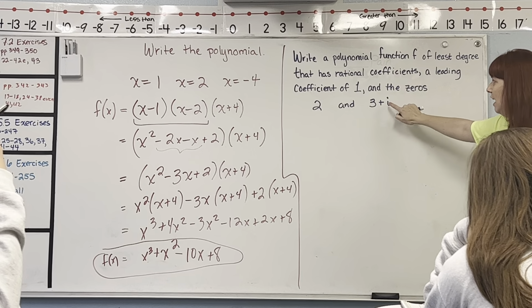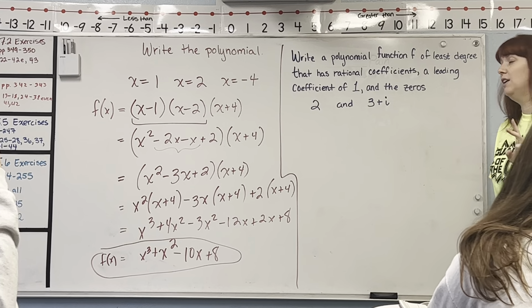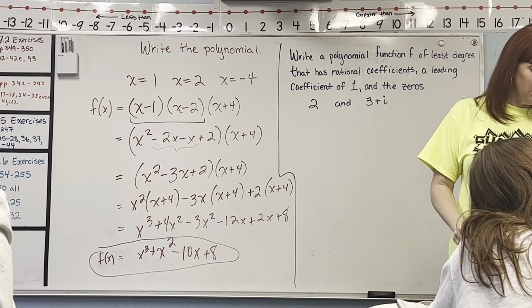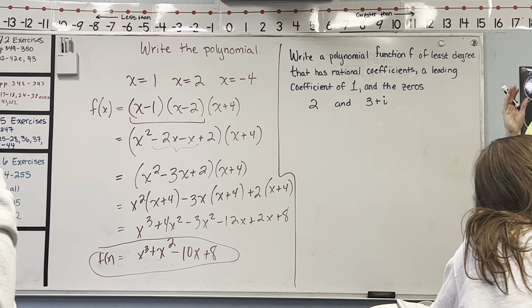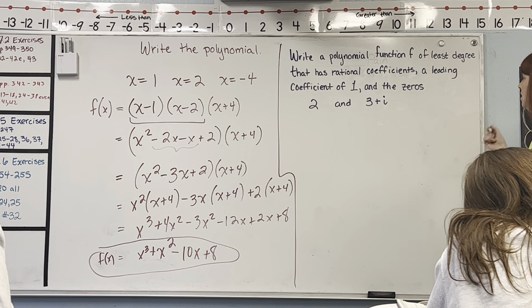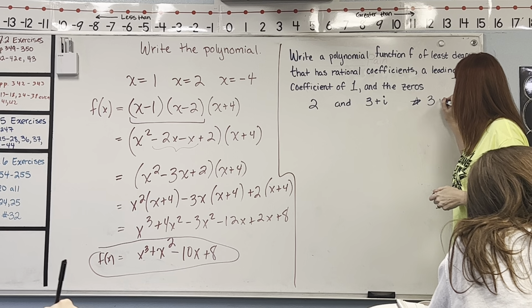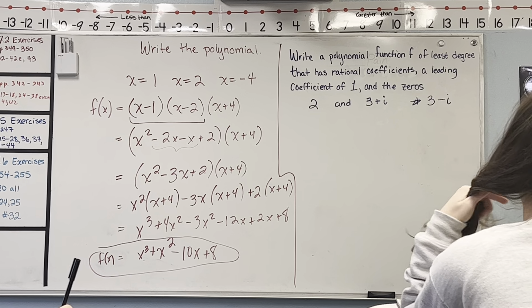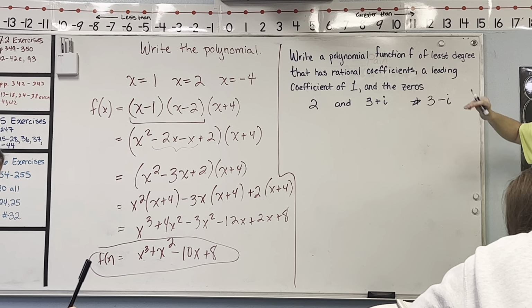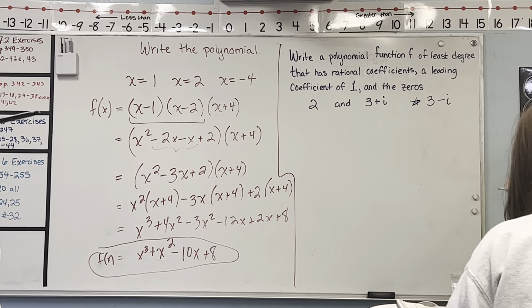When you have an i, an imaginary number, or if you have an irrational number like a square root, okay? An i or a square root will always have a conjugate pair. They always come in conjugate pairs. So if I say you have this as a solution, you have to assume that you also have that as a solution. So it may only give you this, and I think that's what the curriculum is trying to teach you, is that if this is a solution, you have to have this one too.